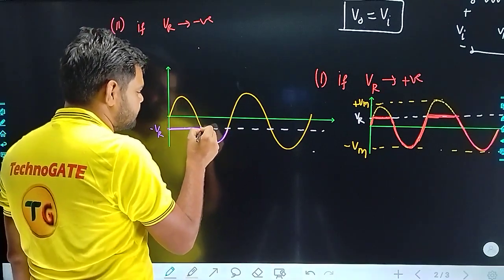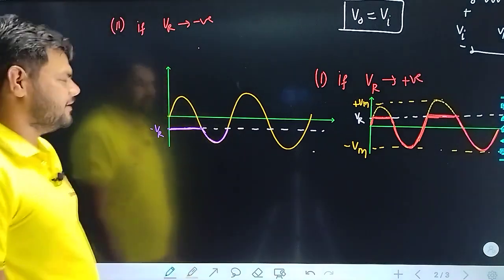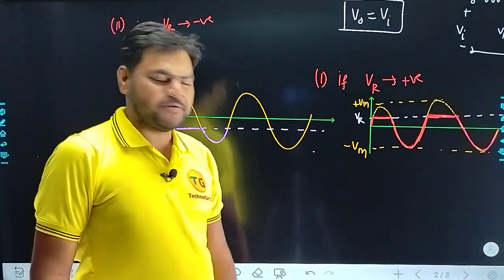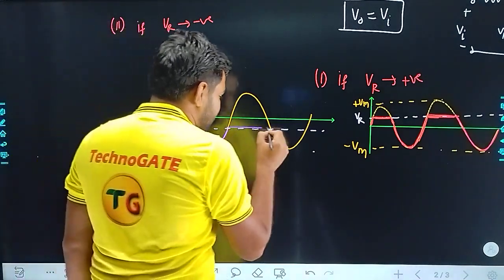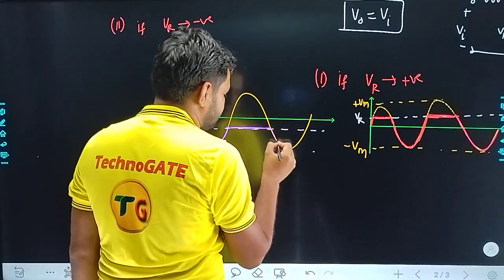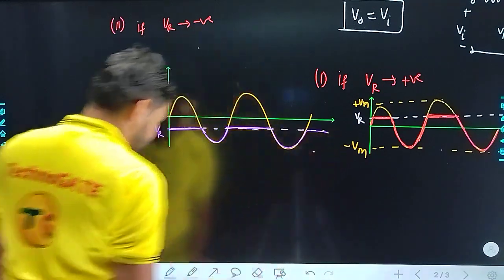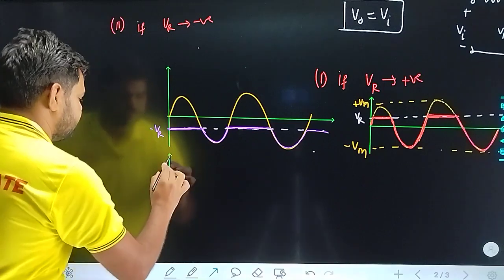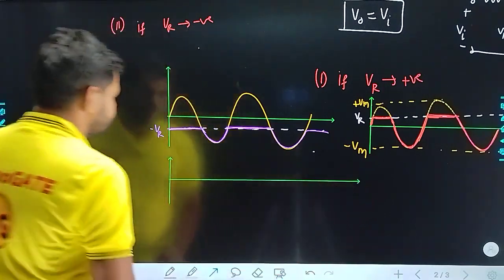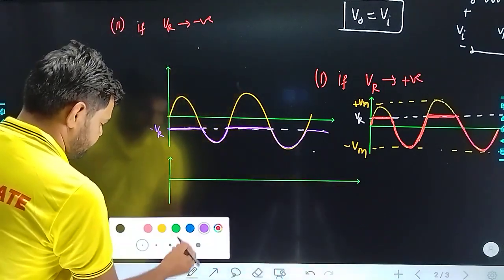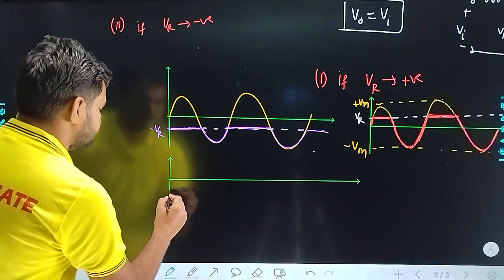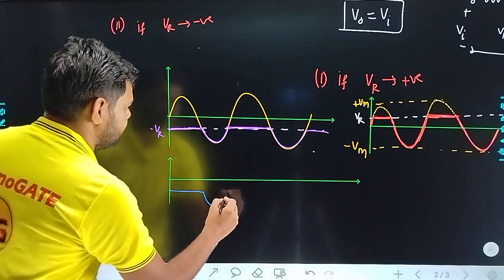So guys, in this condition, the output waveform that we have obtained over here is simply V naught equal to Vi. Let's draw this waveform. Guys, don't get confused. If you are getting confused, let me draw it separately for you. See, this type of output waveform will be obtained.